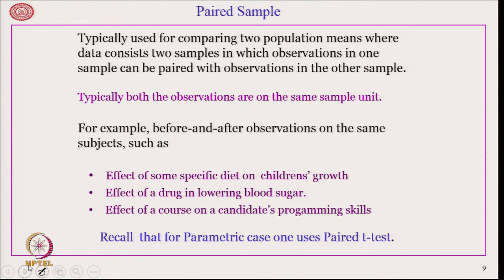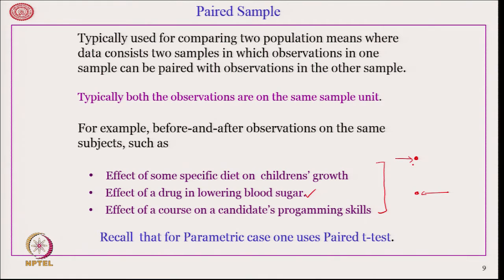Why are these called paired sample tests? Because in all these cases, we look at a subject and see, for example in the blood sugar case, what the value is before administration of the drug, and what the value is after administration of the drug.